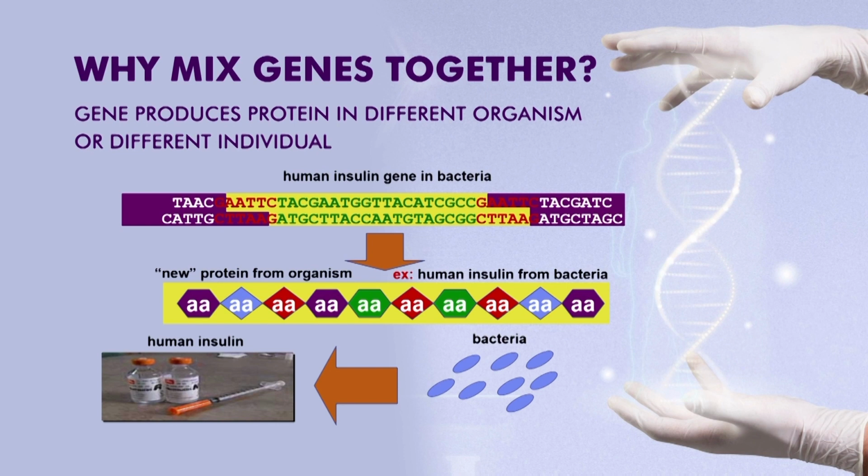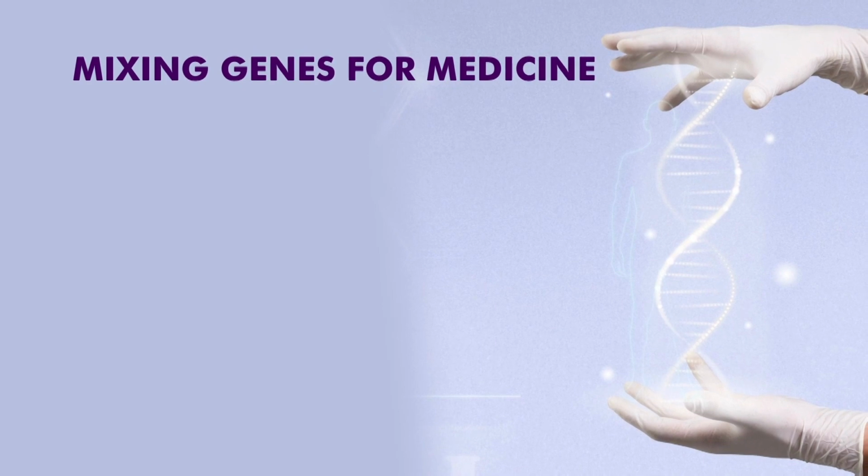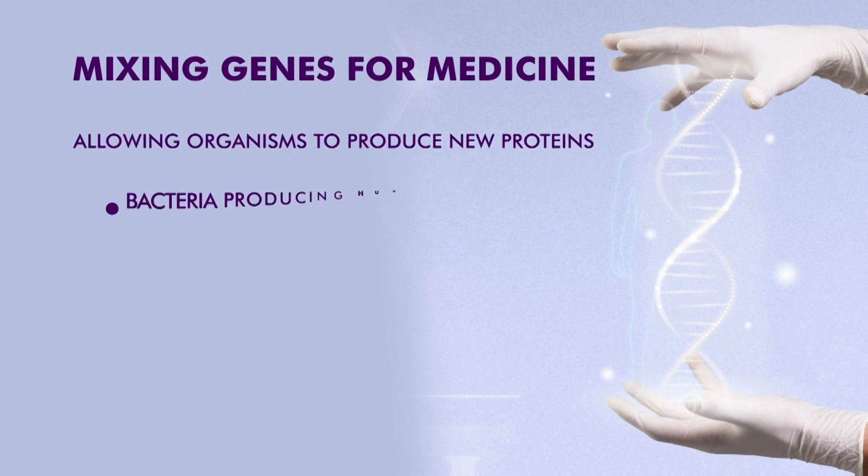By isolating this insulin producing gene from humans into bacteria, human insulin or humulin can be produced, or we can say the genes are basically mixed here for medicinal purposes.